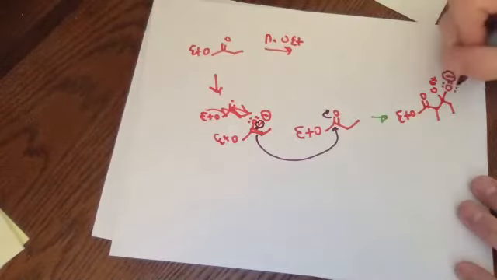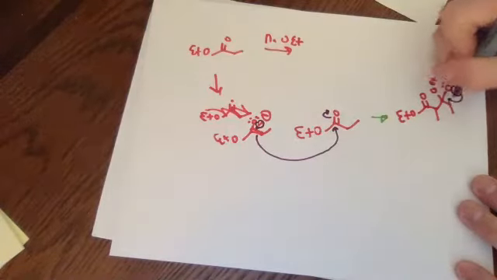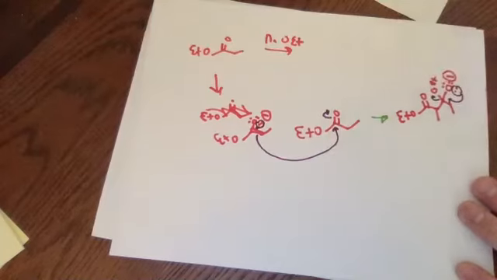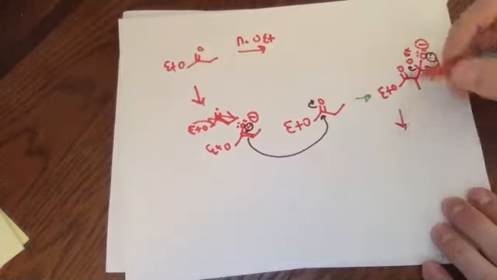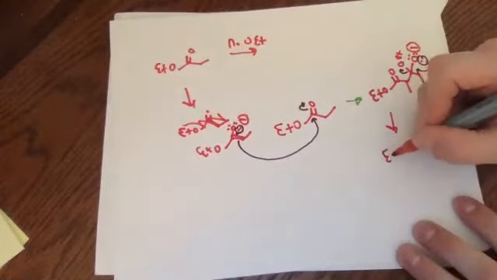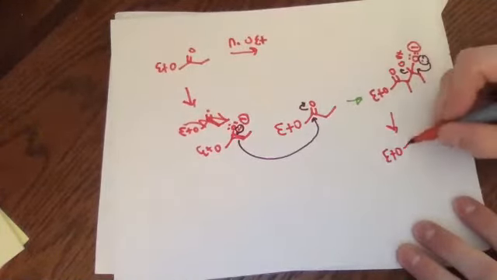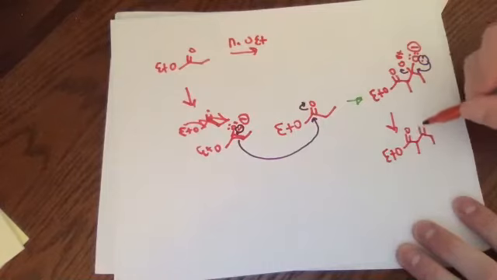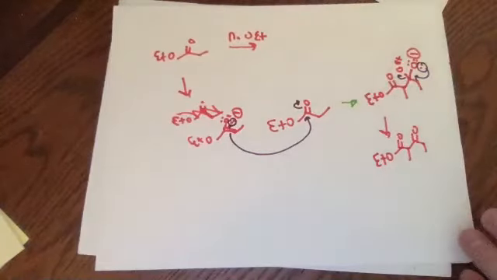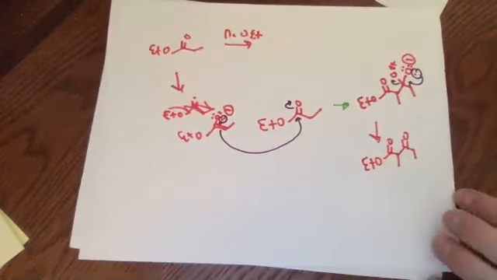The electrons from our oxygen can come down, form a carbonyl, kick out this OEt, and we can make our final product, which should look something like this.